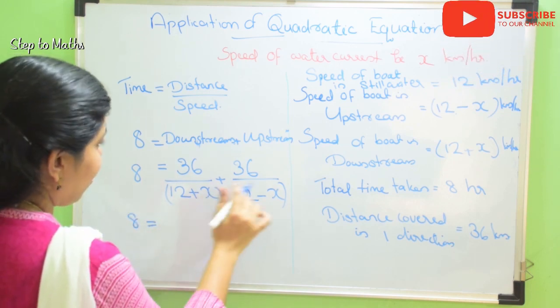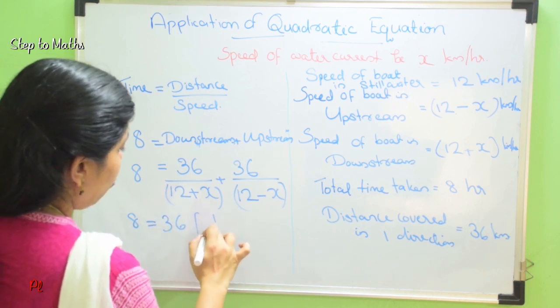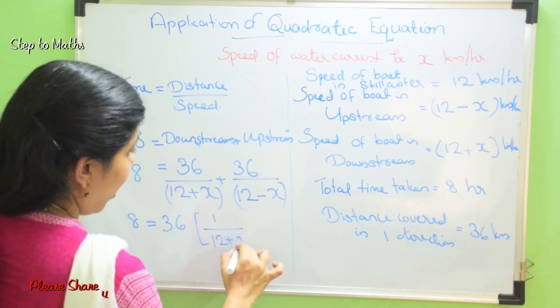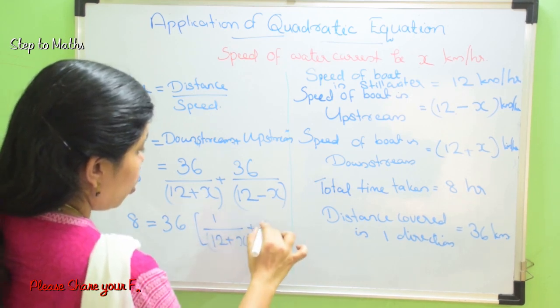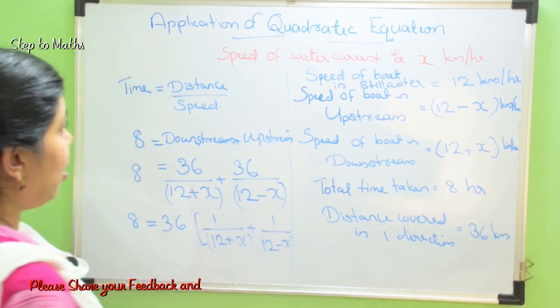Then simplify this equation. 36 taken as common, that is 36 into 1 by 12 plus x plus 1 by 12 minus x.